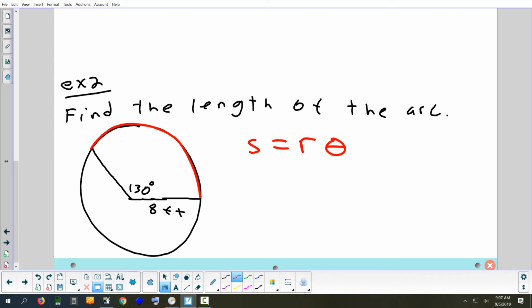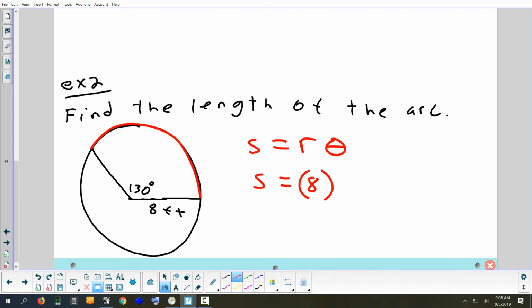So still solving for S, that's the arc. Cal, what's my radius this time? It is 130. Oh, I mean 8 feet. Yeah, 8 feet. That's going to be my radius. And Anthony, what's my angle? 130 degrees. Okay.